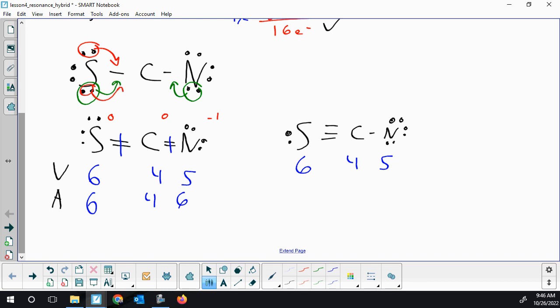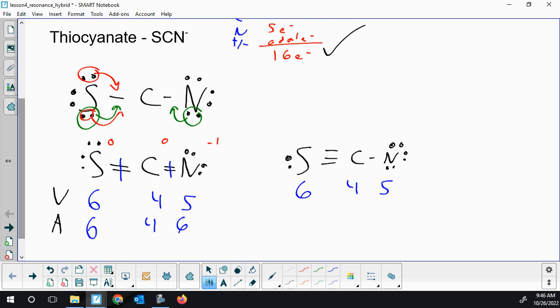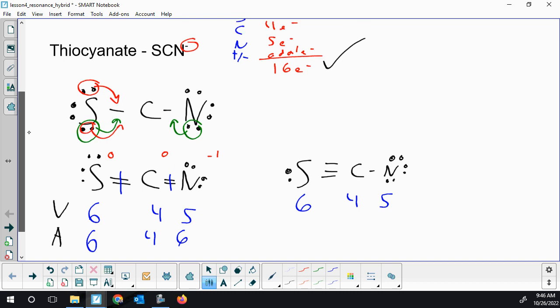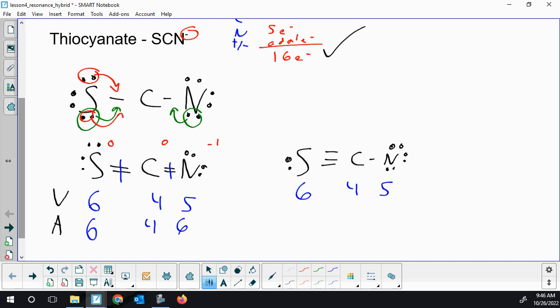Our molecular ion is -1, and we have 0, 0, -1, so good. Our formal charge adds up to that charge. Essentially, in this structure, the extra electron that made it -1 went to the nitrogen atom. Let's look at our other structure.